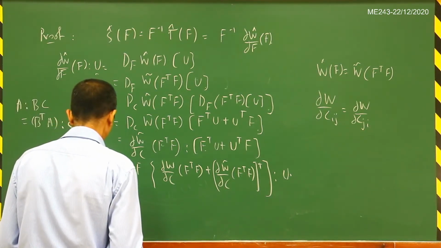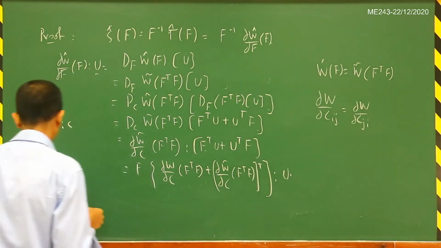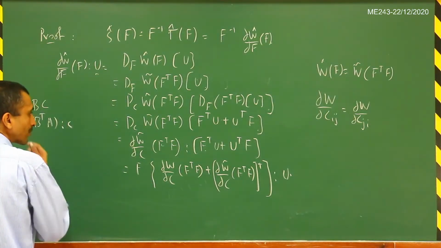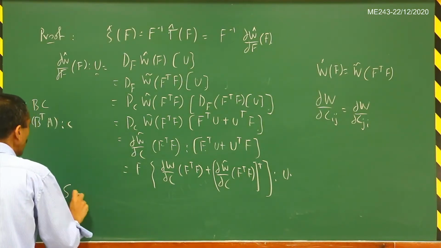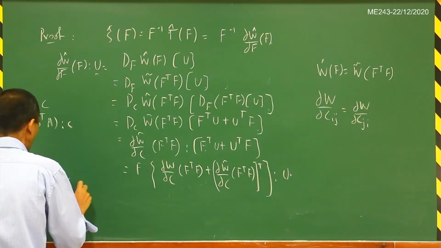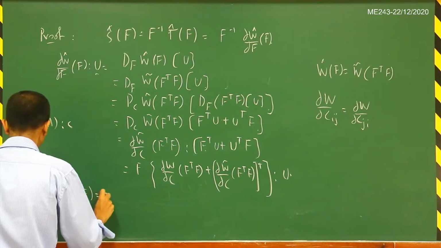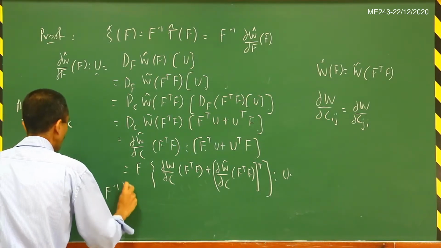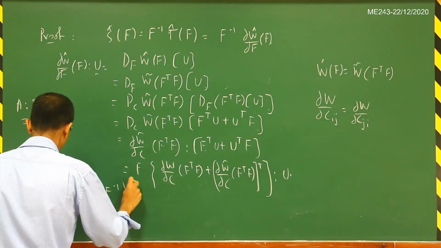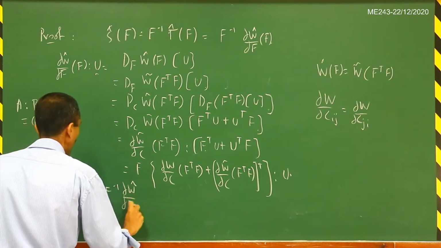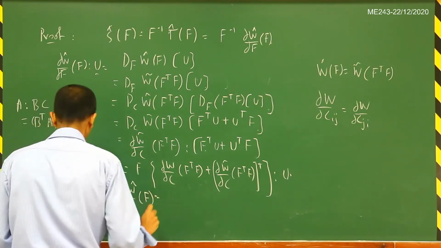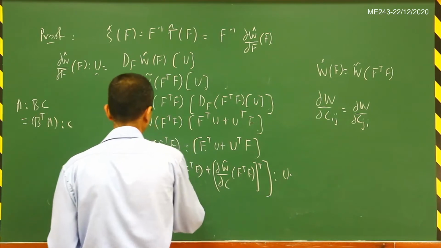So let us now write S from this. So S is equal to S hat of F, which is equal to F inverse times del W hat by del F in the direction of F. So that is equal to this particular object here.